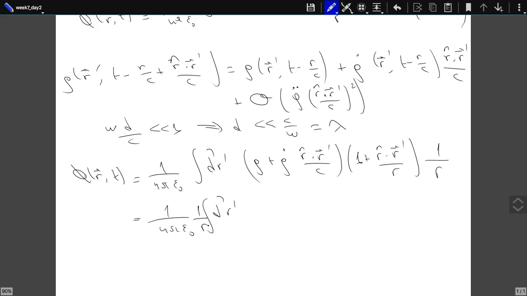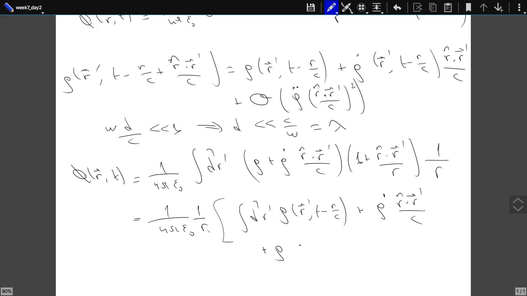This is just r. d cubed r prime of rho at r prime at the time t minus r over c, plus rho dot r hat dot r prime over c, plus rho r hat r prime over r.